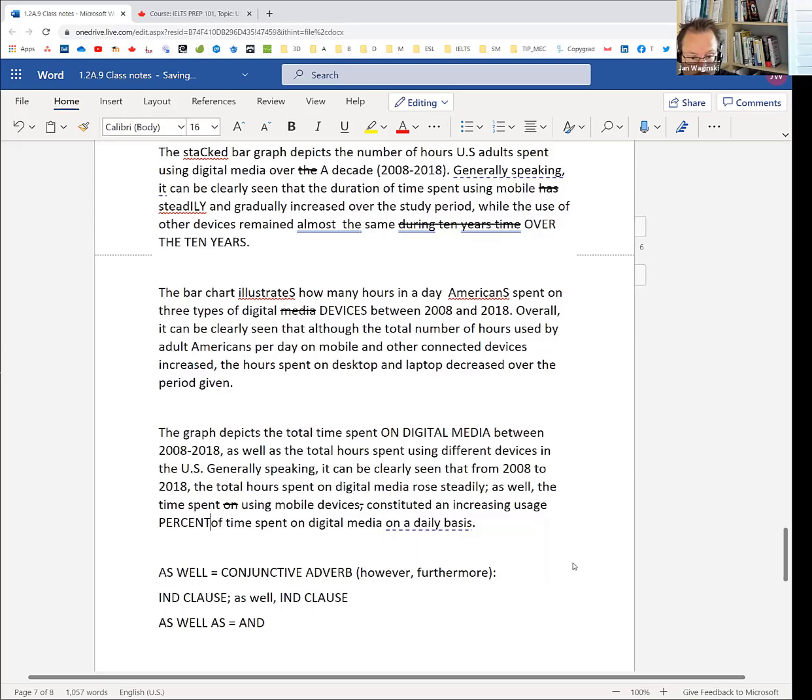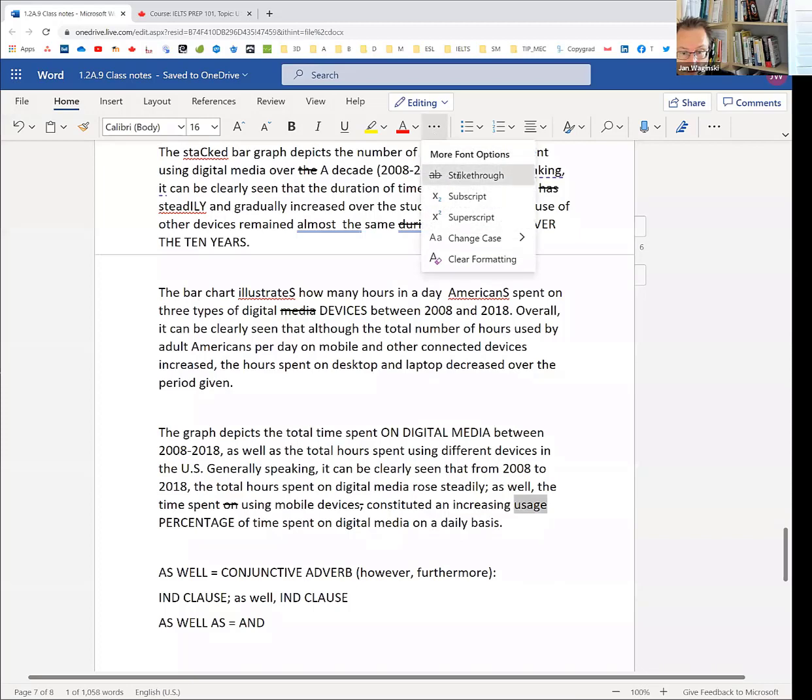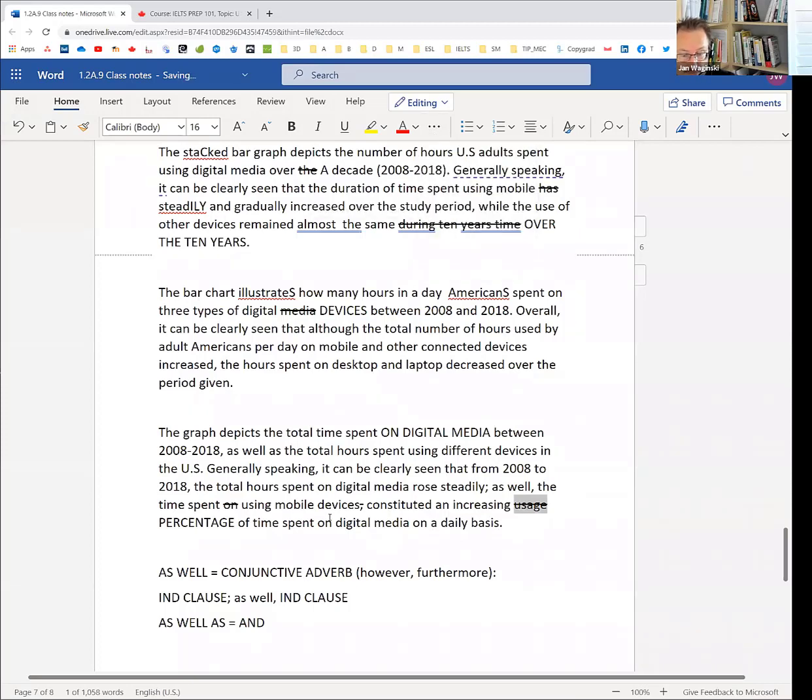Percentage, increasing, because it's a percentage of time spent. Yeah. Time spent using mobile devices constitute an increasing percentage of time spent on digital media on a daily basis. Okay, good.